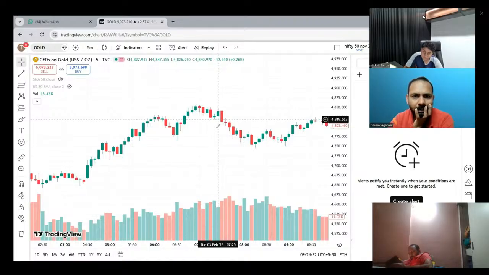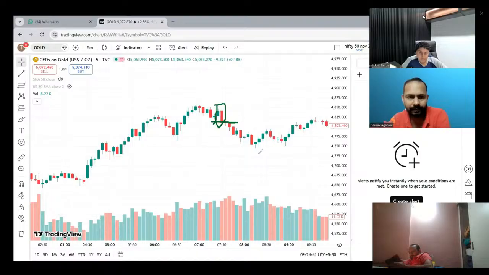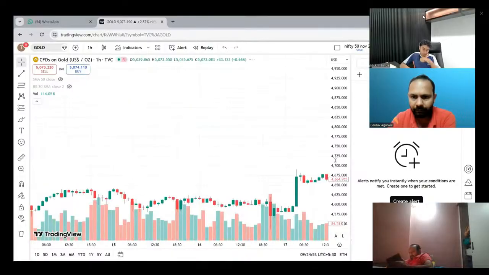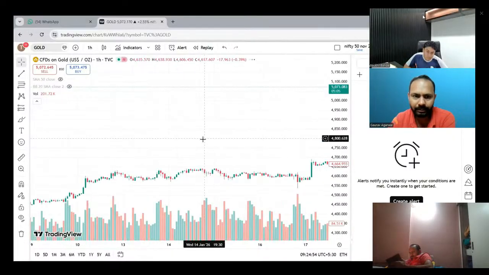So here it broke the low, and then the downtrend started. For scalping it is good, but if you choose a higher time frame, then the probability of accuracy is more.